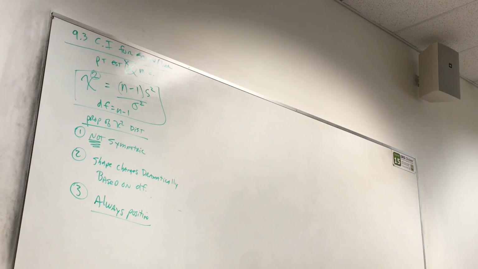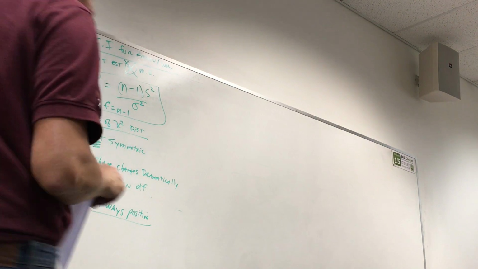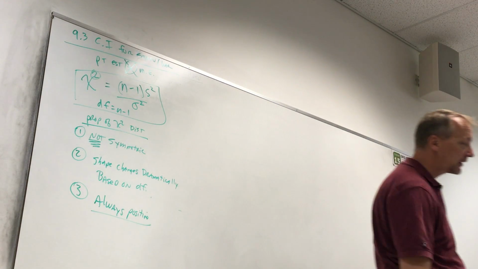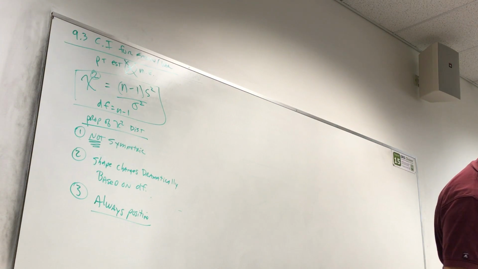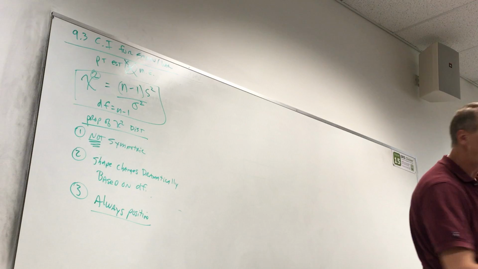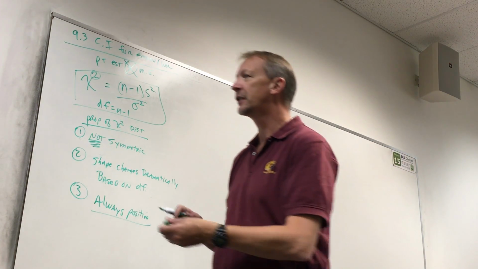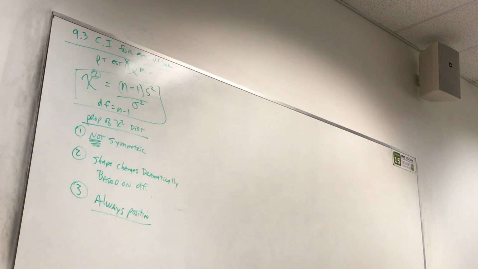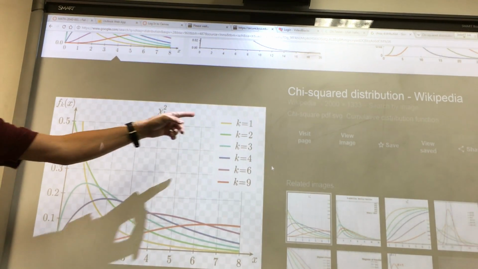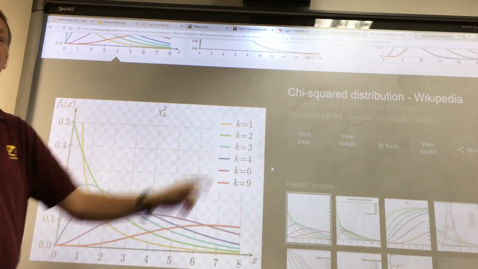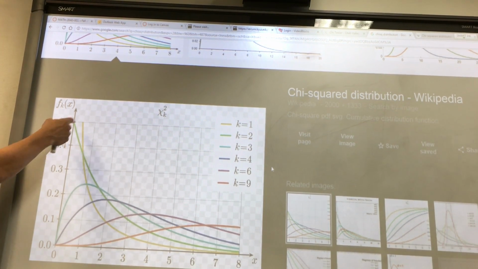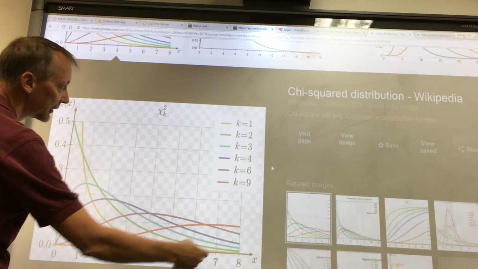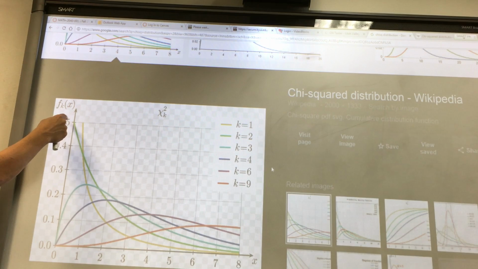All right, so let me show you what I mean when I say that the shape changes dramatically. So here I have a picture of a bunch of different chi-square distributions. Now I don't know why they put a K there, but they did. That's actually your degrees of freedom. For 1 degree of freedom, it's the gold line. It goes like this. For 2 degrees of freedom, it's the green line.